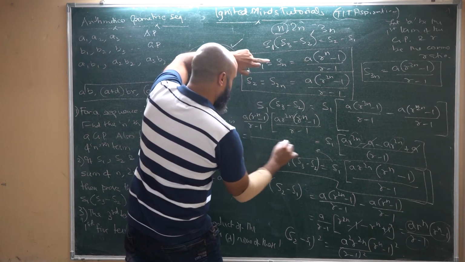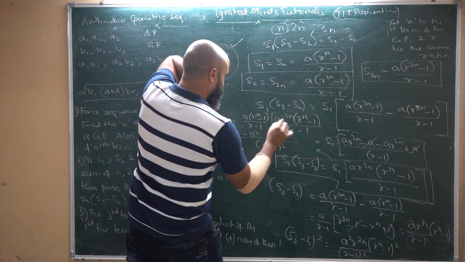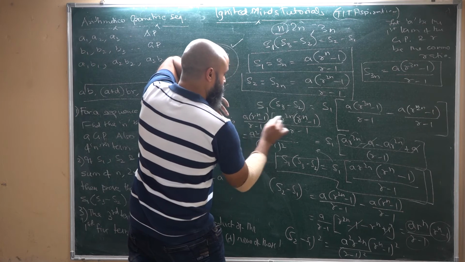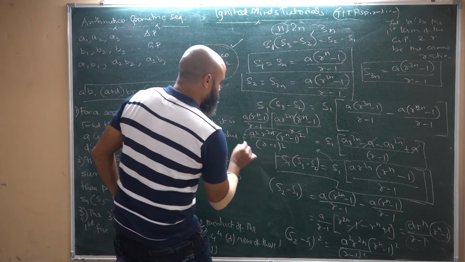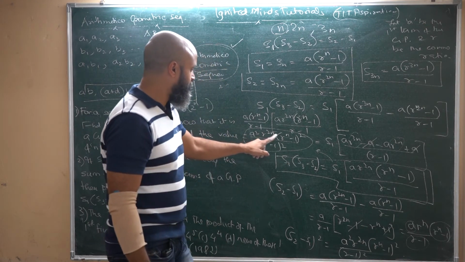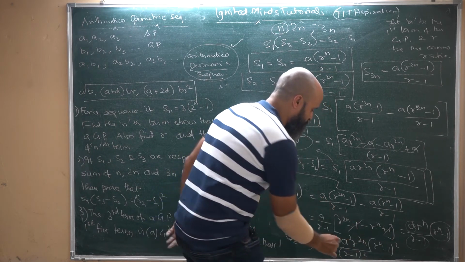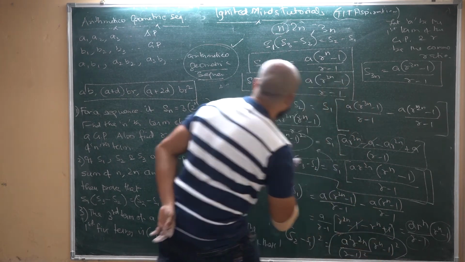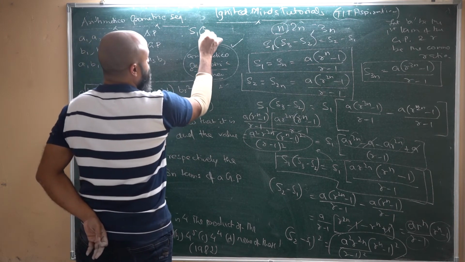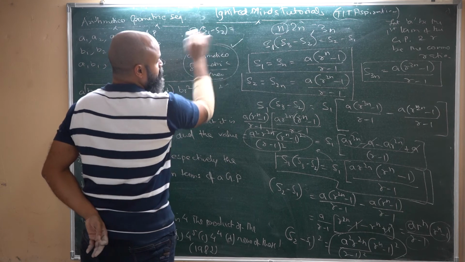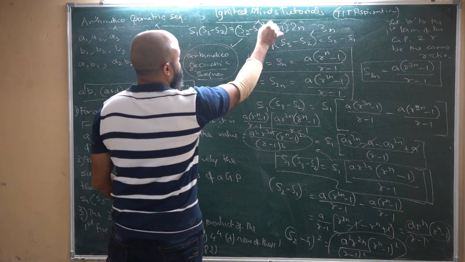If we get this multiplied, we will have (R minus 1) squared, A squared R^2n, and then we have (R^n minus 1) squared. If we compare these two terms, A squared R^2n (R^n minus 1) squared upon (R minus 1) squared, both are equal. Hence we can conveniently say that S1 into (S3 minus S2) is equal to (S2 minus S1) whole squared.